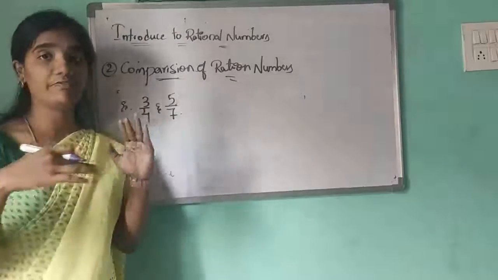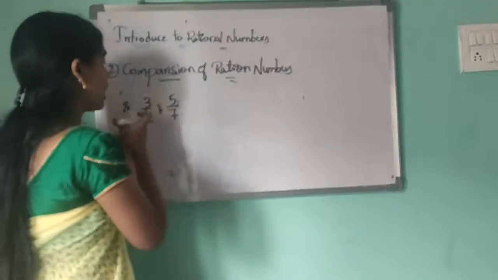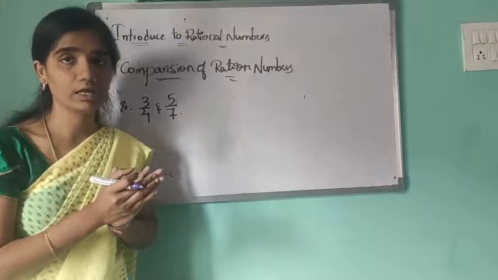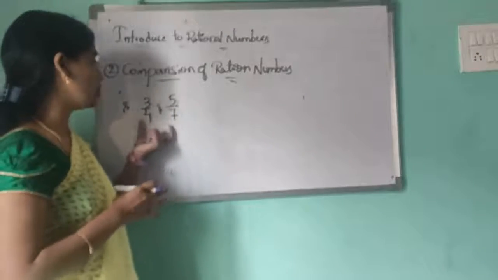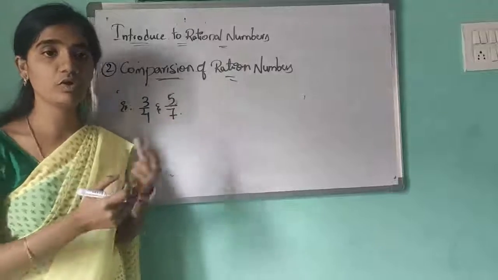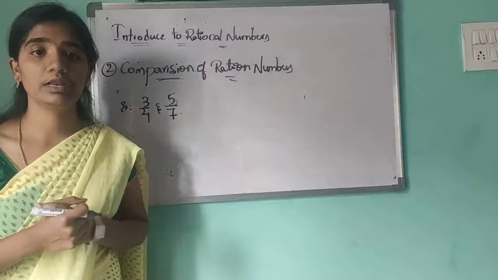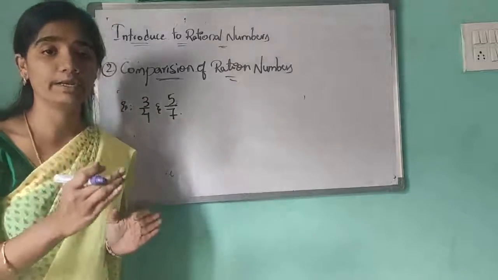We have different denominators, so first we have to convert the denominators so that both are equal. Both denominators are different, so we convert each of them into equivalent fractions, then compare both fractions with a common denominator.